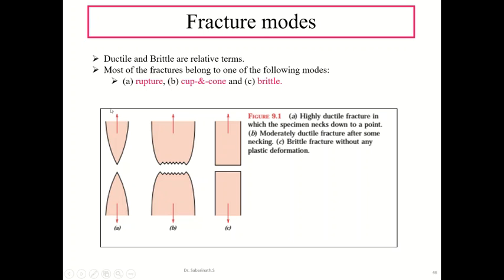When load is applied to these soft materials, the specimen necks down to a particular point, and we can see two pointed surfaces on the two separated parts. Here we have seen a highly ductile fracture, or we can say a rupture.